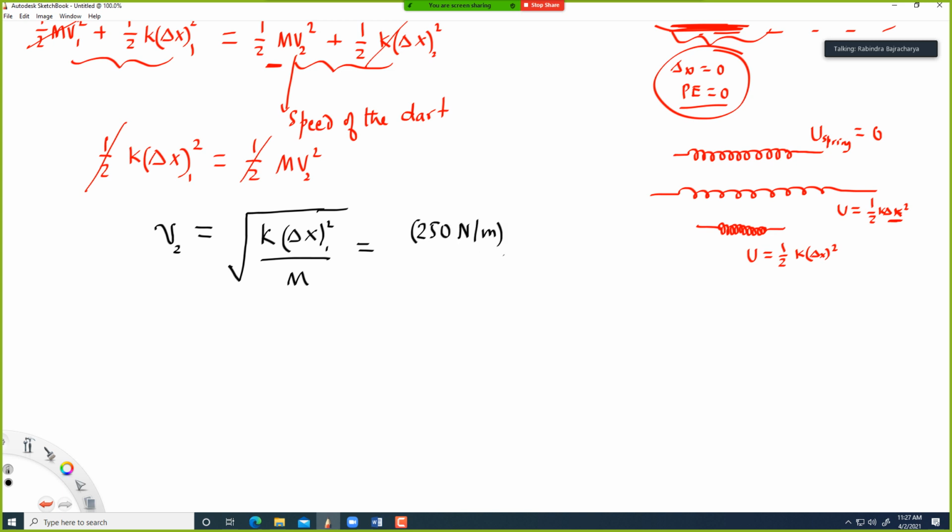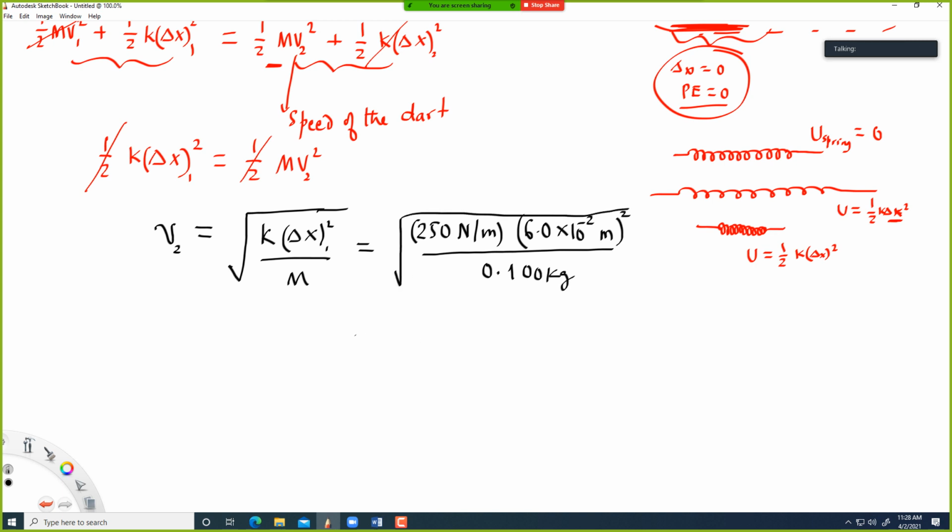And by how much the spring is compressed? That's delta x. Yeah, 6 centimeters. So we need to change that to meters, so that's 6 times 10^-2 in meters. And then don't forget this squared. We have squared for delta x. And the mass of the dart, 0.100 kilogram.